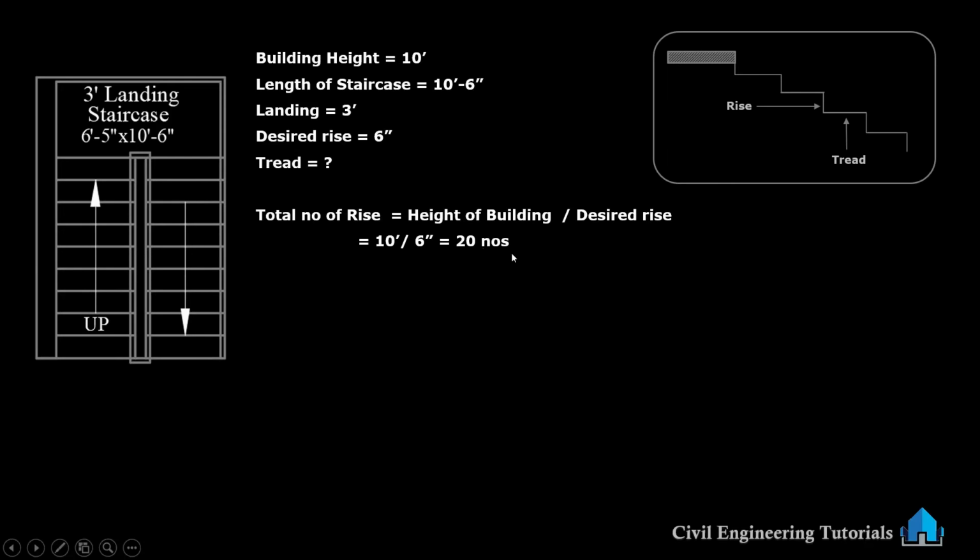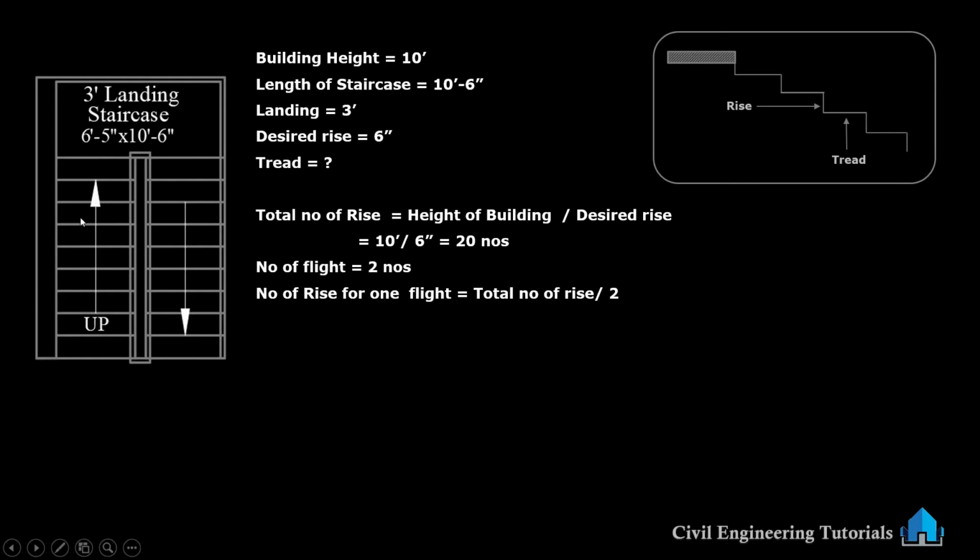Okay, 20 numbers. Now, number of flights, 2 numbers. In this staircase, you can see we have 2 flights. This is one flight. This is another flight. So, number of rise for one flight is total number of rise divided by 2. We have calculated the total number of rise as 20.